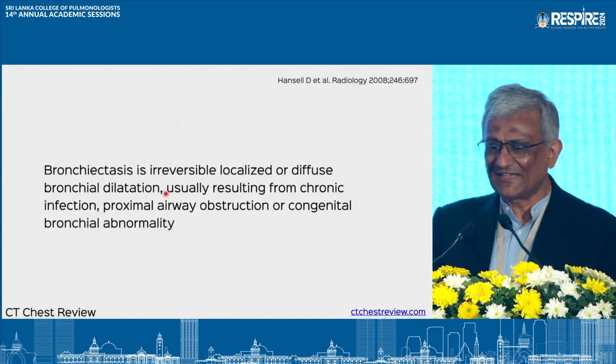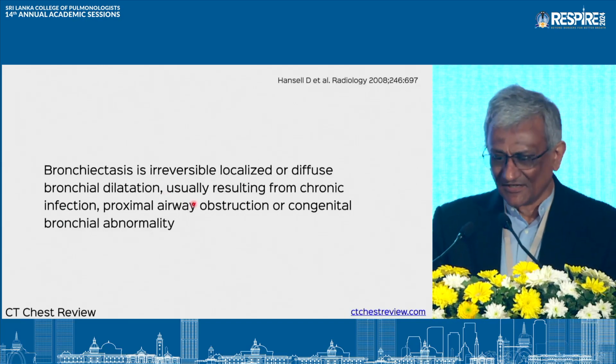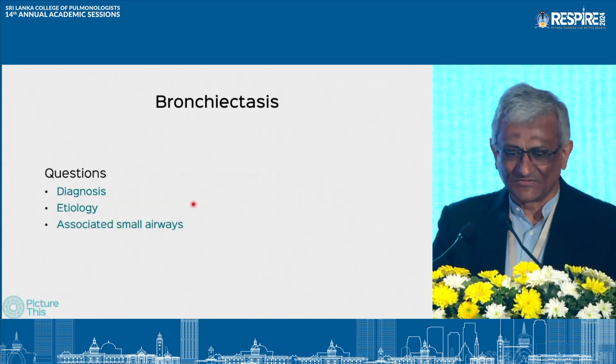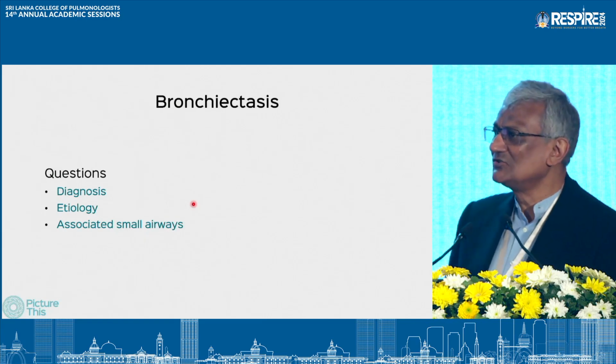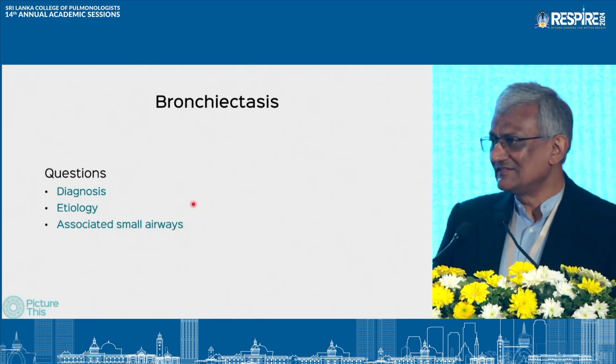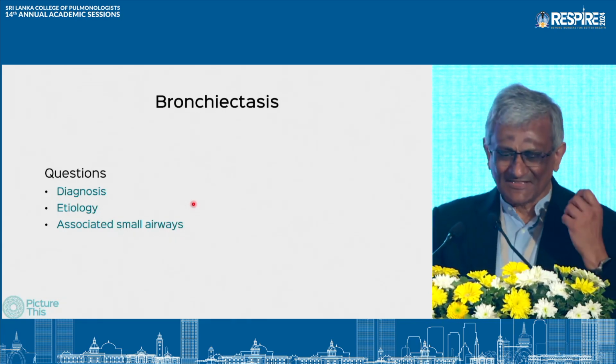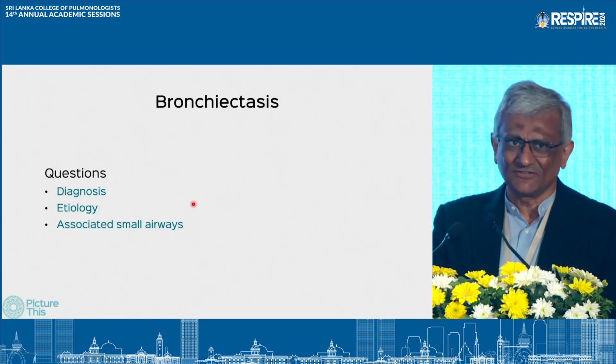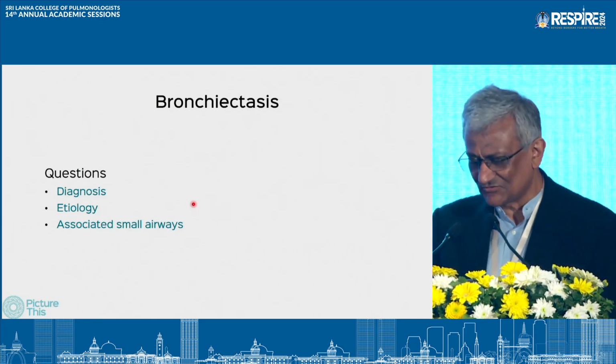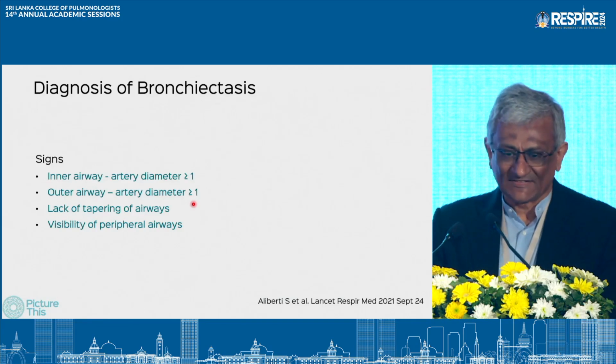So what is bronchiectasis? It's irreversible localized or diffuse dilatation, and what we use CT for is diagnosis, sometimes to find the etiology, and then to look at associated small airways disease.